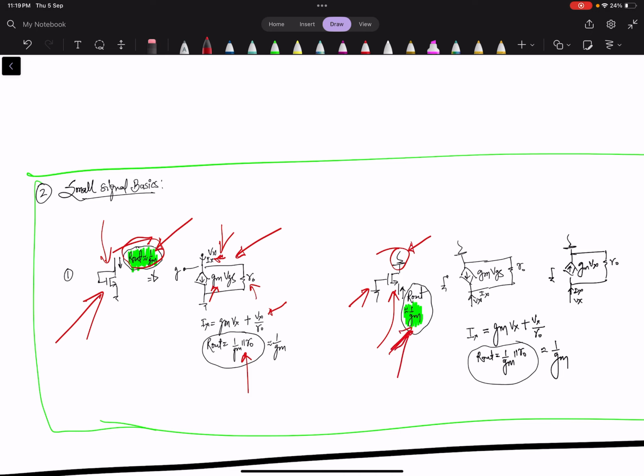Again, if you see from the small signal model, if the applied voltage is vx and the current through this is gm vgs, and the current going outside is equal to this.